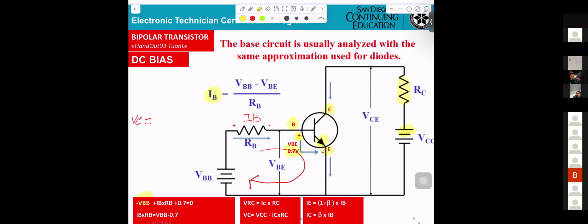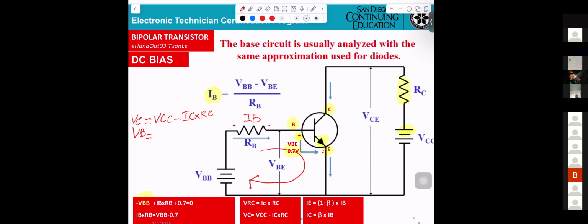In this schematic here, what does VB equal? Now, again, if I want to measure VB, that means the DMM high side connects to the base, and the low side must be connected to the ground.